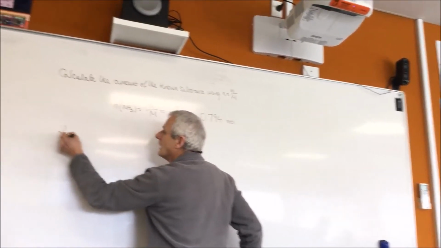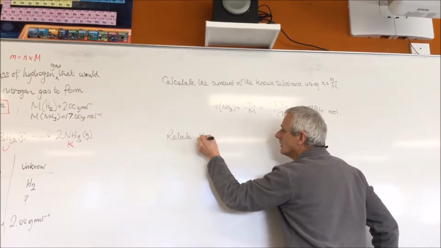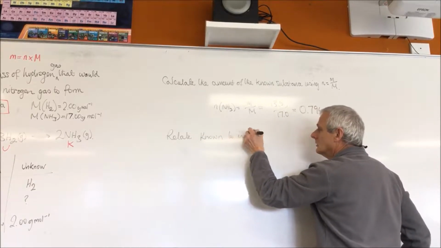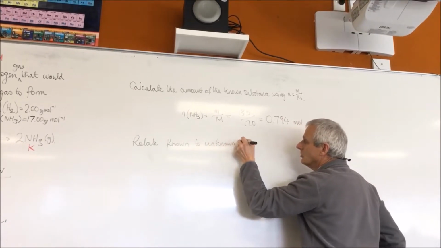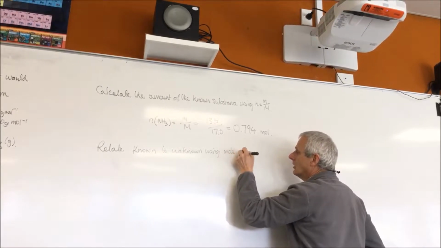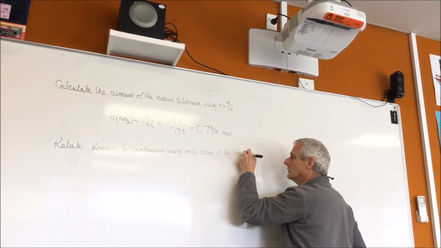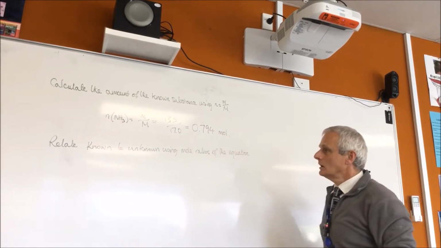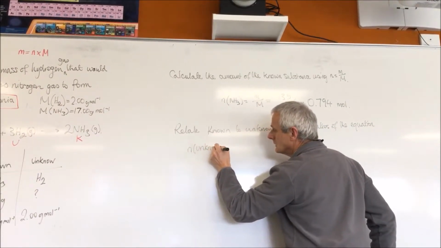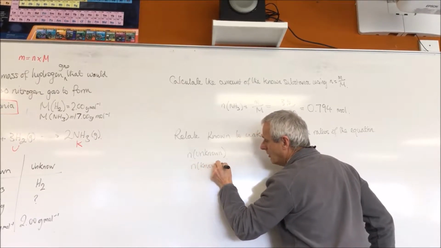So relate known to unknown using mole ratios of the equation. n unknown divided by n known is our mole ratio.